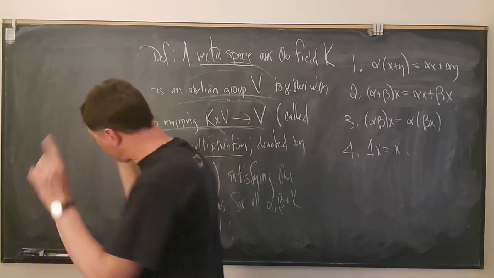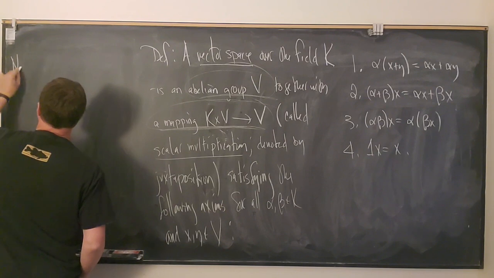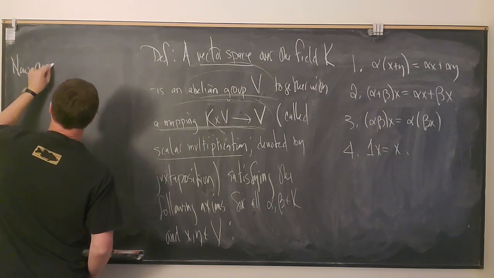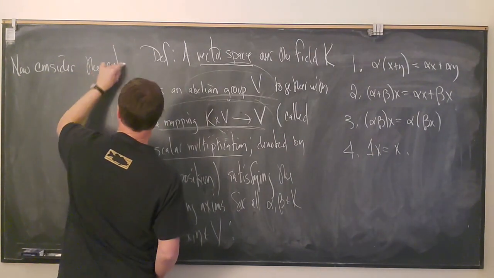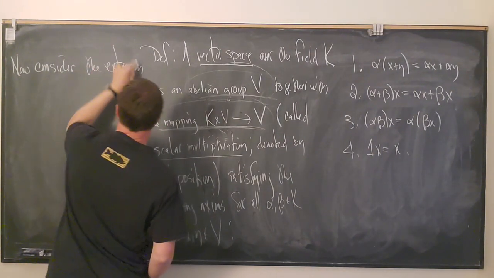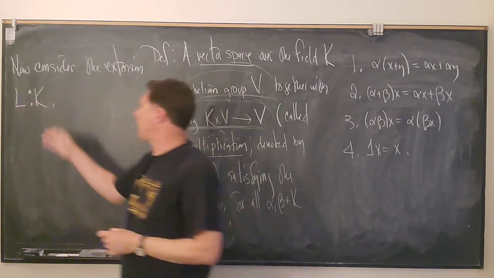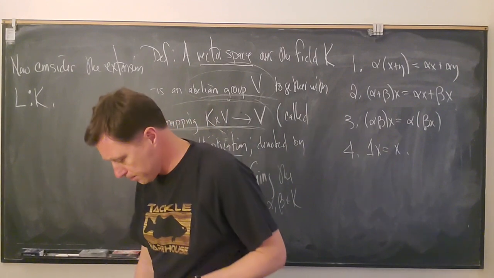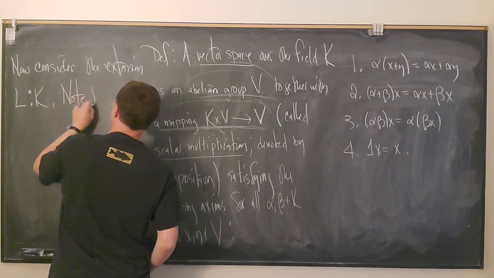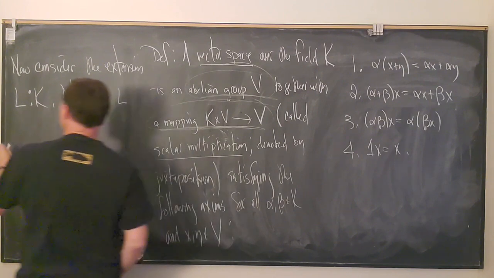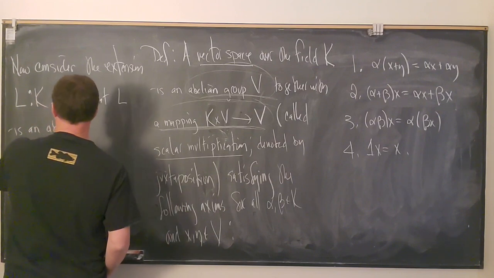Now, this is the amazing part about field theory. Consider the extension L over K, which is how I'll normally read this. L over K is the extension. Note that L is an abelian group.